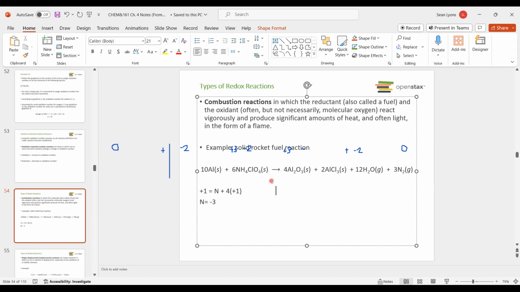And then we can do the same thing. The perchlorate ion is going to be -1, so it's got to balance out to -1. We've got that single chlorine, but then we've got 4 oxygens that are each going to be -2. So when we go through and solve for this one, chlorine is just going to have to be +7.